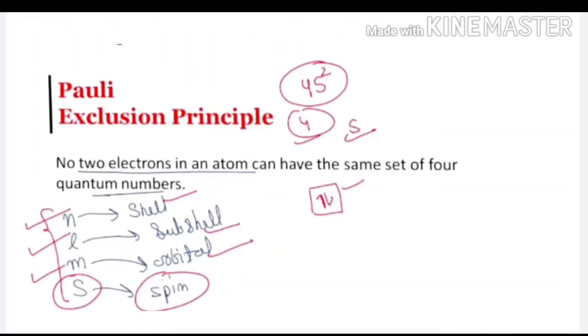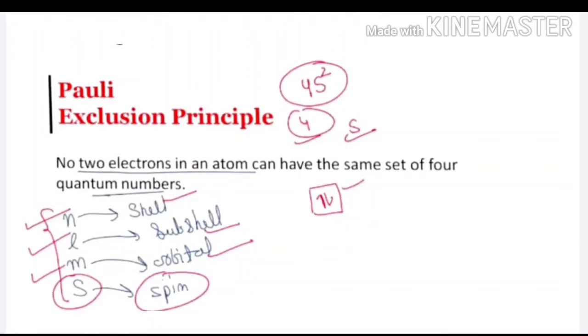Or in the other case, if the value of the principal quantum number is 3, the value of the azimuthal quantum number will be 0, and the value of the magnetic quantum number will be 0. And here we got the value of the spin quantum number as minus 1 by 2.